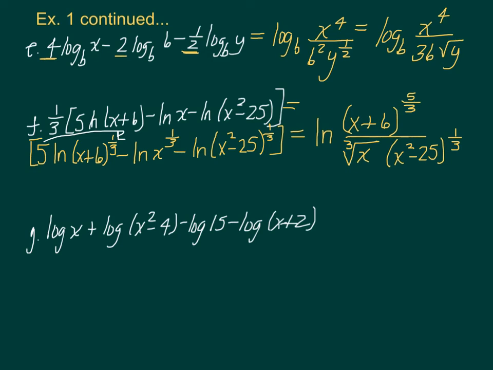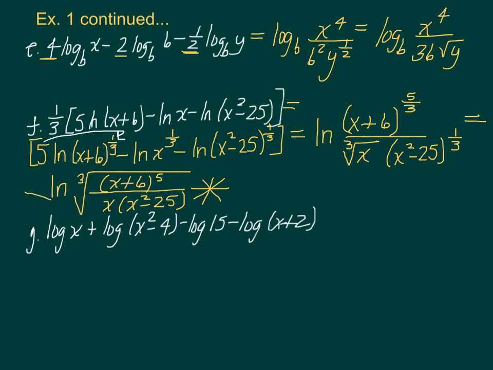Because another way you can write it is ln of a big cube root: x plus 6 to the 5th power, and then I have x times x squared minus 25. So this answer is more acceptable because everything is under one cube root.